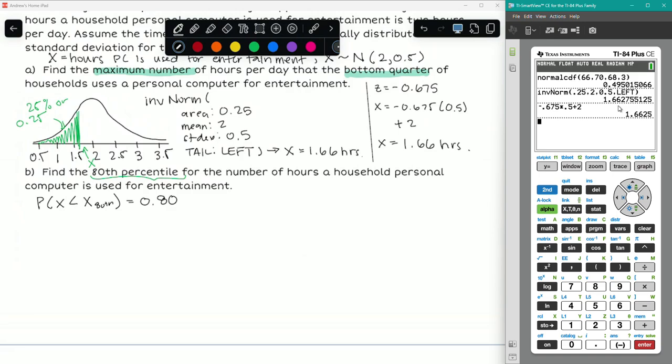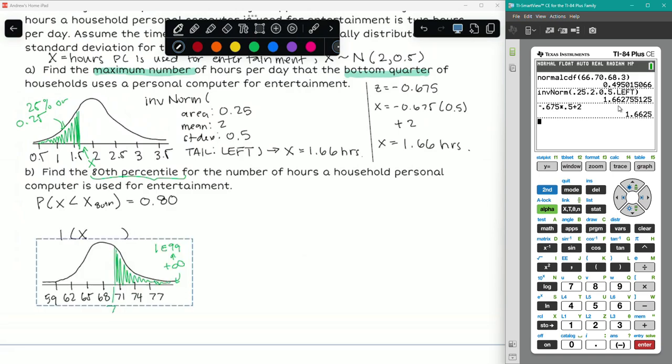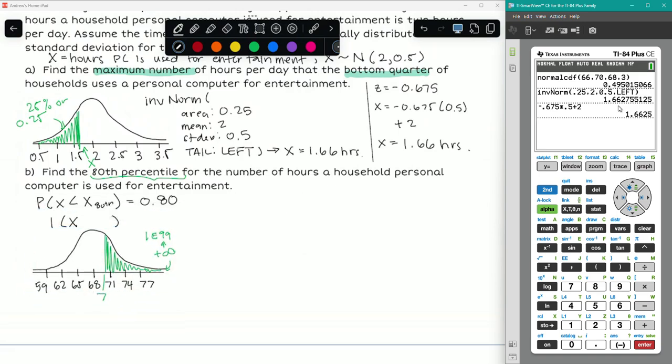They're telling me that in my standard normal picture, ooh, let me fix those labels real quick. There we go.